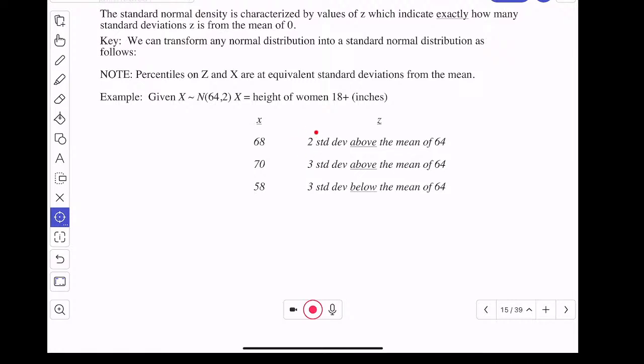This is important to me because with that information, then I can use the standard normal table to find out what's the chance of seeing a woman 68 inches or shorter.